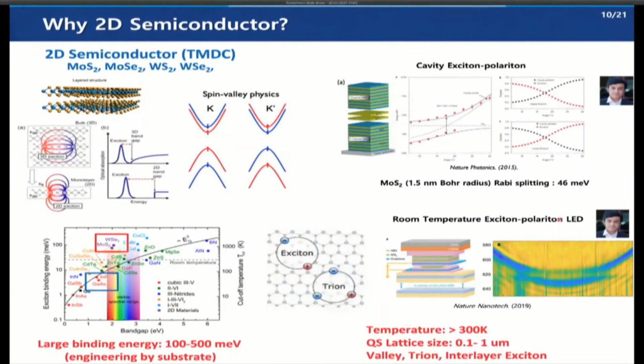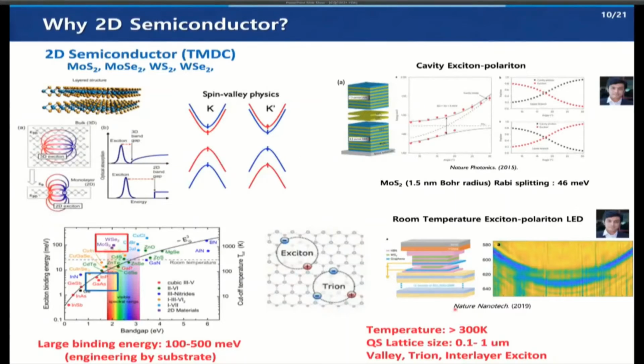Another advantage of 2D semiconductors is that we can use the valley degree of freedom. Also, the charged exciton is a trion, which we can easily manipulate and guide with electrical gating. Another degree of freedom is that we can use interlayer excitons to increase the condensation temperature.